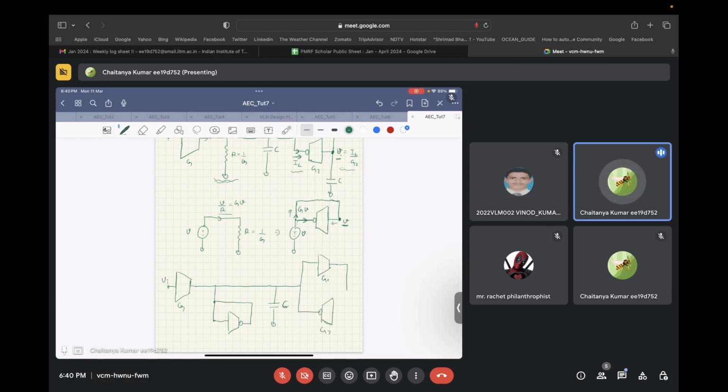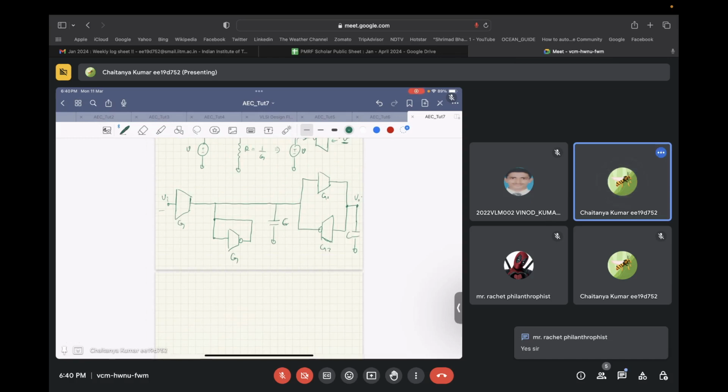We have G2 over here. This is G. And we have C over here. So if we take the output over here, from input to output, we know that it will be a second order low pass transfer function. Is this clear to you guys? Okay.